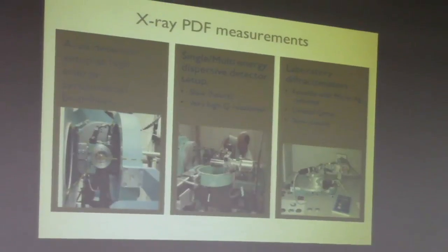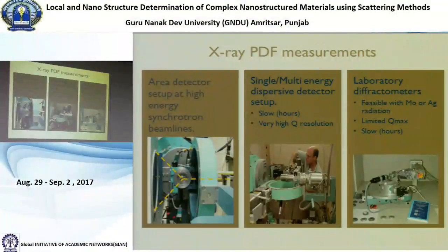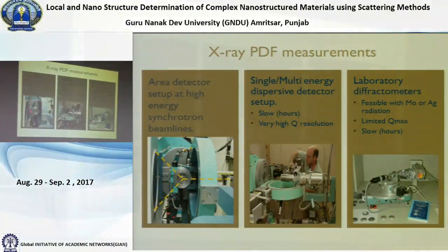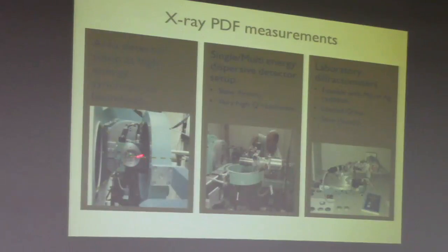This is a quick overview of the three different ways that you can collect data from X-rays. This is the rapid acquisition PDF method, and what you need here is a very high energy. So the wavelength of the X-rays is something like 0.1 angstrom, very short wavelength, and we get them from a synchrotron.